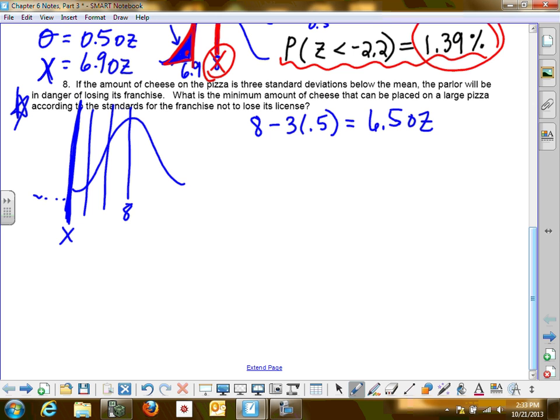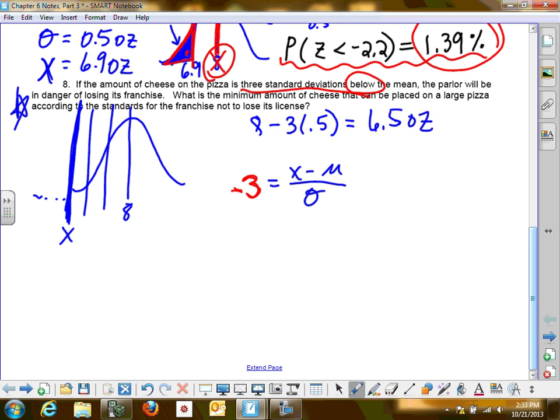Okay, so if you do that, fine. If you want to just plug and chug through the formula, here's the formula, and let's put things in. This Z is -3 because it said 3 standard deviations below. So therefore the Z is -3.